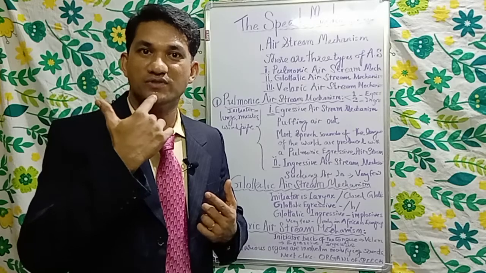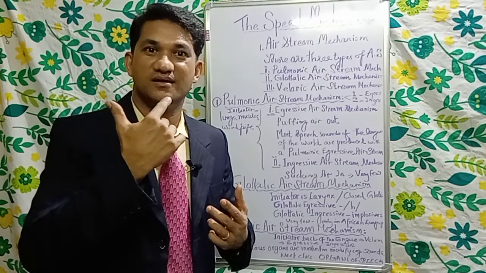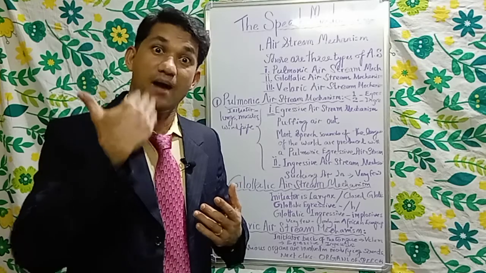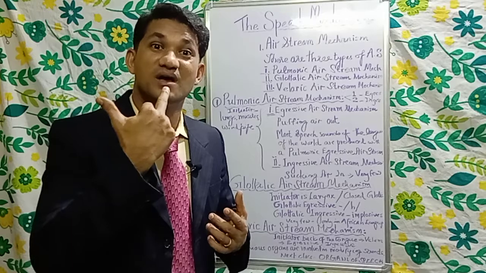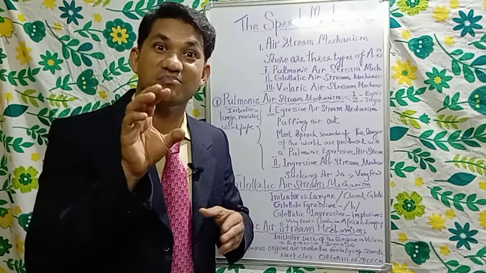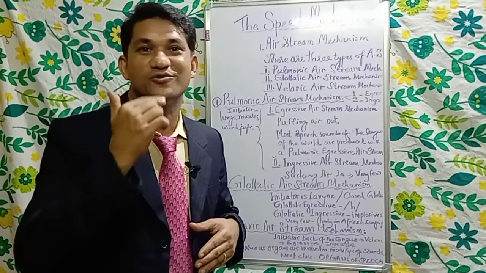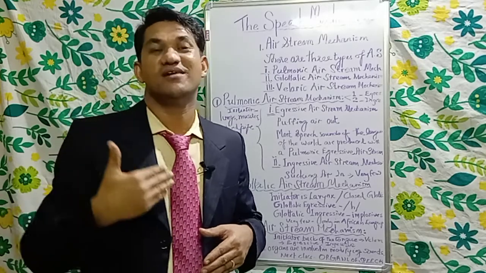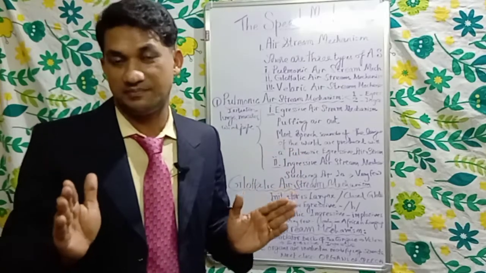In the lower part of the mouth, you have the tongue: front of the tongue, center of the tongue, back of the tongue. Then we have the hard palate, in the front part of the roof of the mouth, and behind that we have the soft palate, which is known as velum.